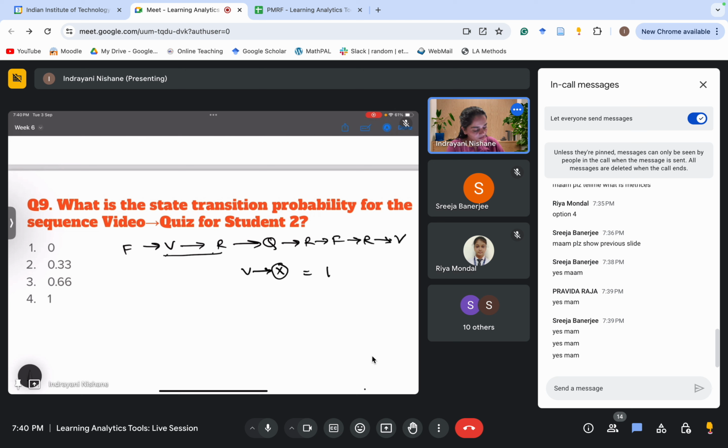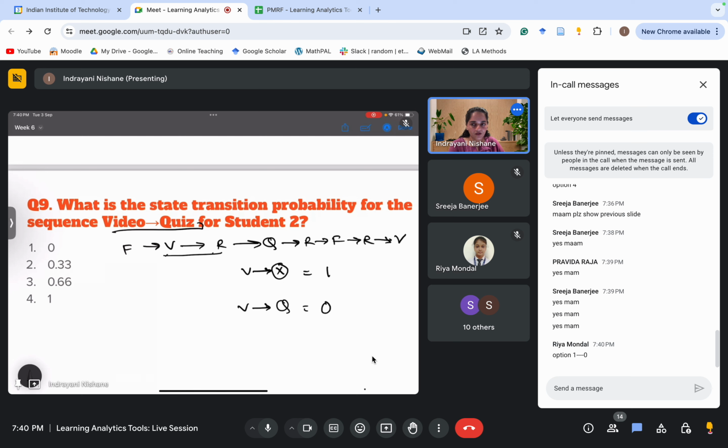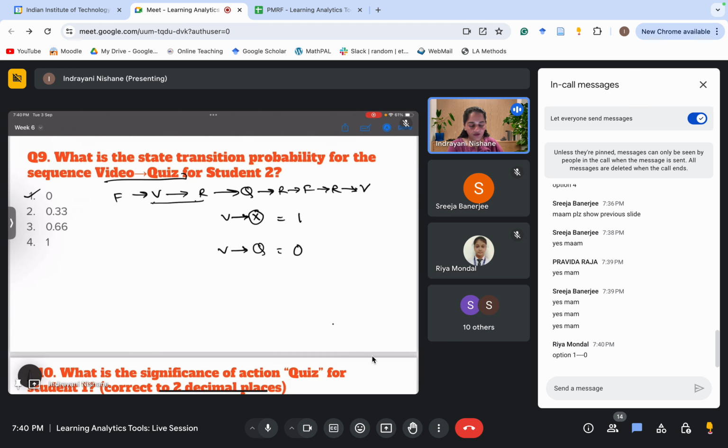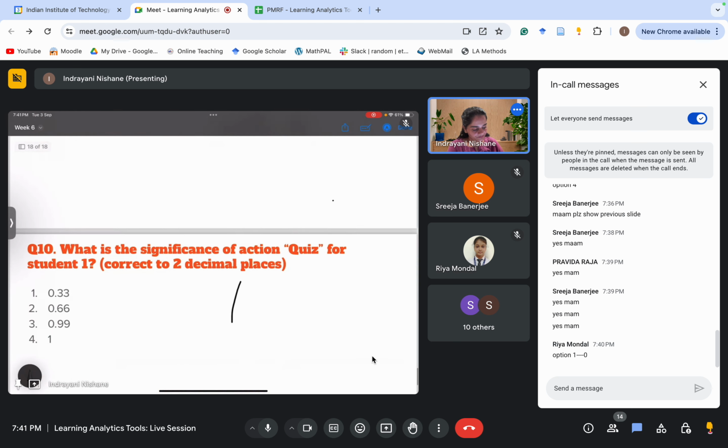Now we will find the count of video to quiz. How many times has video to quiz happened? It has not happened even once. So this is 0. That gives us 0 divided by 1, which is 0. Answer is 0. Very easy to calculate, easy to understand.